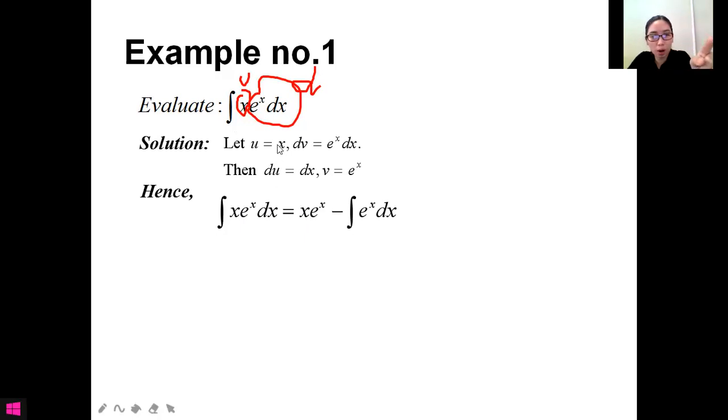uv. So our u is x and our v is e to the power of x. So x e to the power of x, that is uv, minus the integral of v du.